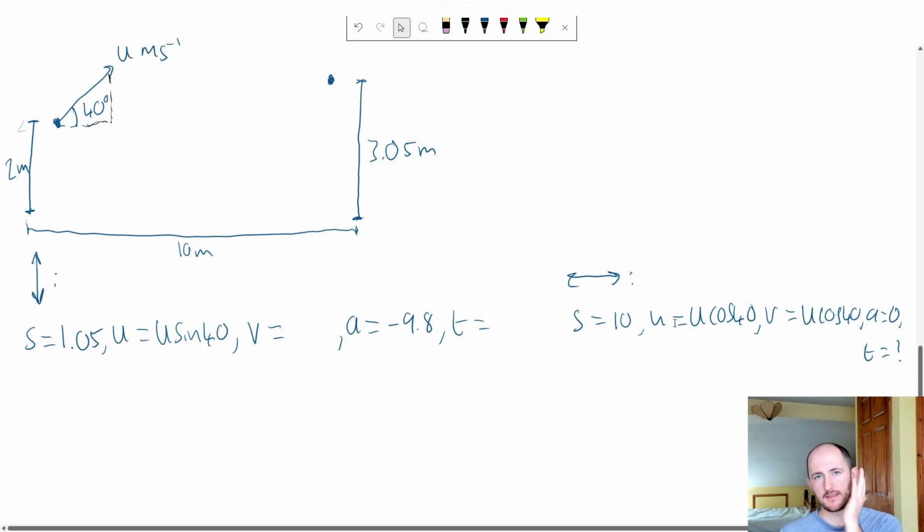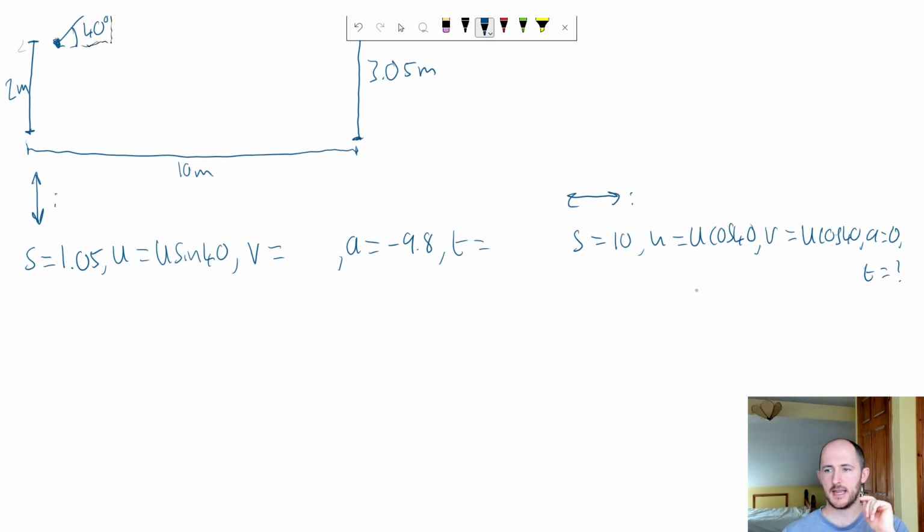Well, just like in the first question, when we have zero acceleration, we can't use most of the Suvat equations, because most of them depend on acceleration. So ut plus half at squared just becomes ut. So a lot of them go away. But the one that we can use is just S equals ut.